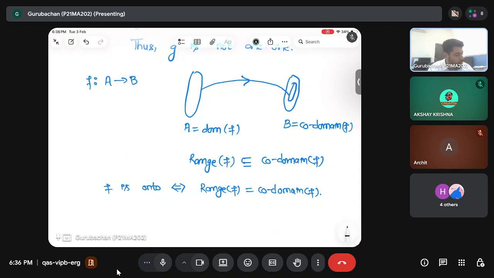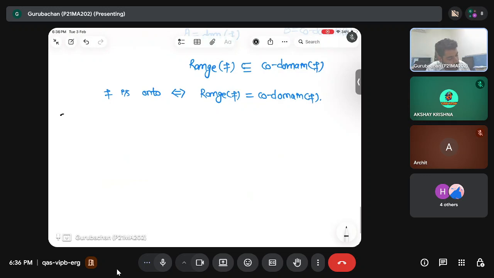So tell me, check which of the given functions are onto.